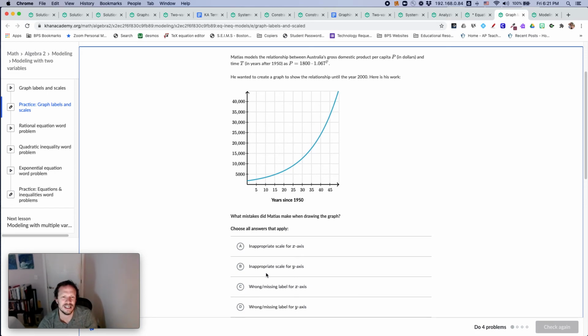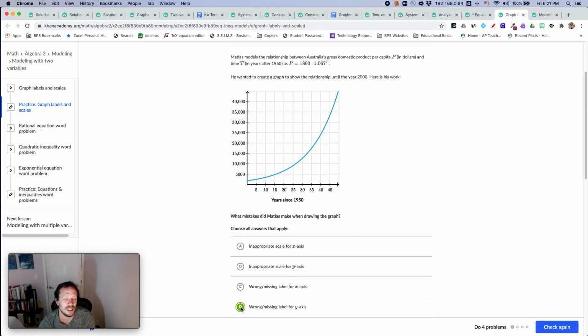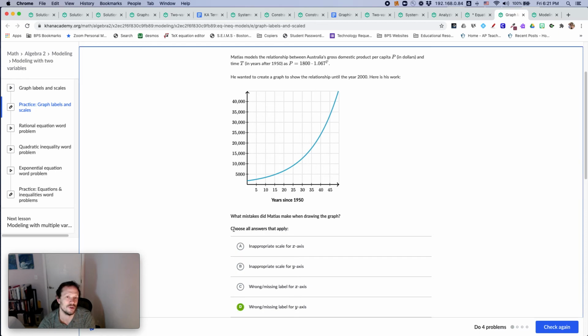And look what the next thing is. Wrong, missing label for x-axis. Here's the one for the x-axis, years since 1950. Wrong, missing label for y-axis. There's no label over here. I can't see it. So I definitely need to include that. C has a label, so I don't include that. I know D is one of the answers, but I have to choose all the answers that apply. Maybe it's just D. So I got to verify A and B. But I know it's not C. So I cross off C.